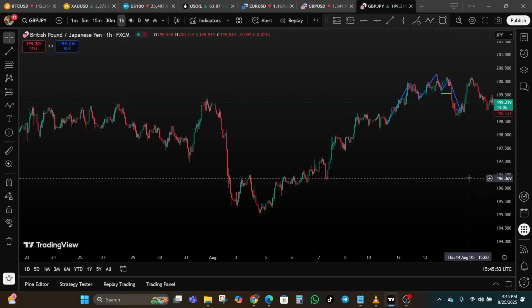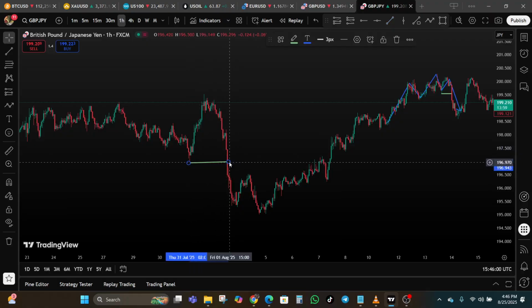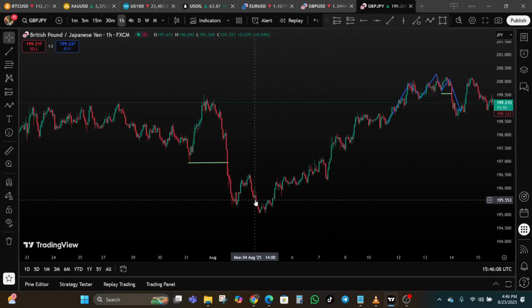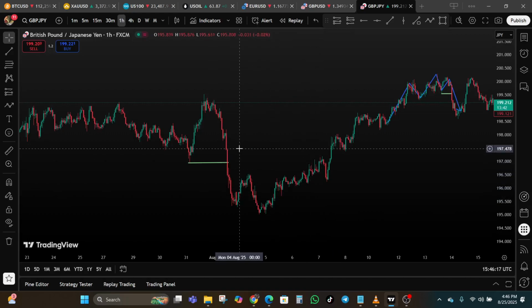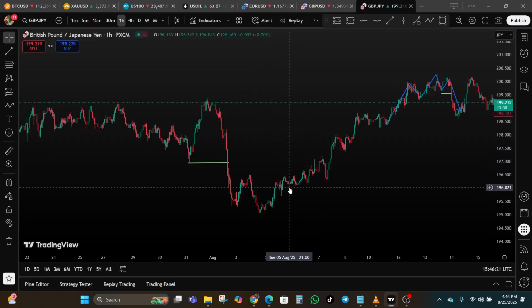So, by creating a false break of structure, institutions can convince traders to enter too early, placing their stops in predictable places. Once that liquidity is collected, the real move begins.